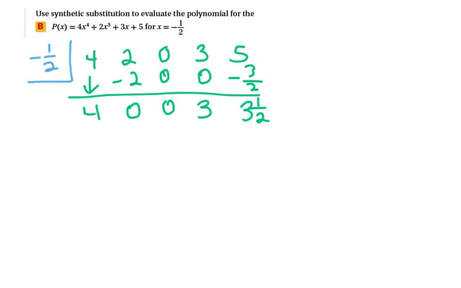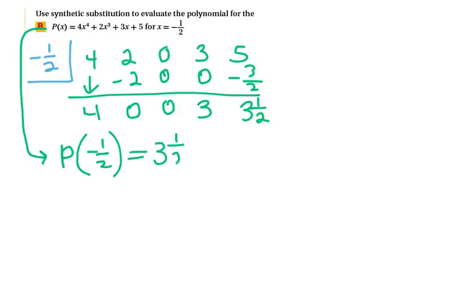So it turns out, and you guys know that sometimes evaluating these polynomials for a fraction is not easy. This is another way of doing it. So basically, we know now that p of -1/2, this function, we're evaluating it at -1/2, equals 3 1/2. Okay, so now you have an easier way of evaluating functions.